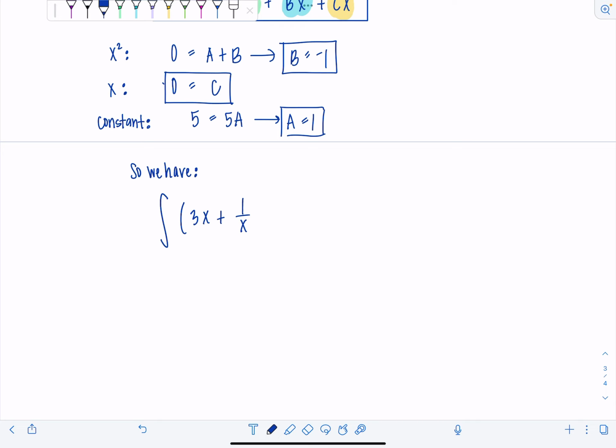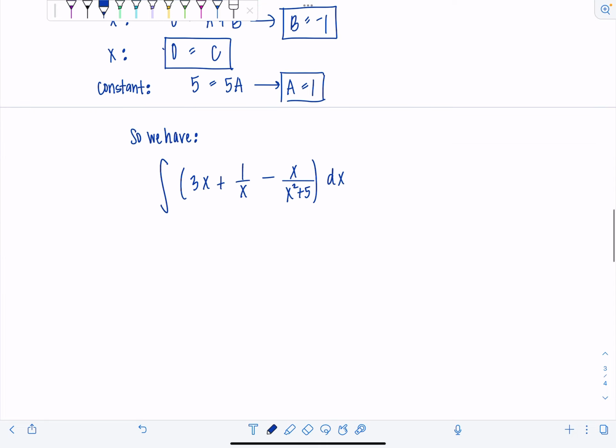And then B is -1, so I'm going to put minus x over x squared plus 5 dx. All right, now let's see how we would anti-differentiate each of these. 3x, no problem. 1 over x, no problem. x over x squared plus 5, that's no problem, but we're going to have to use u substitution.